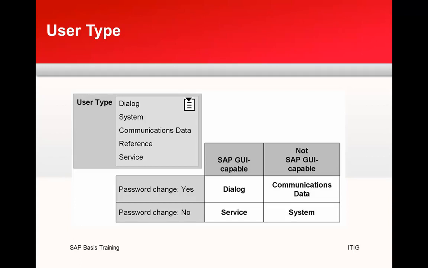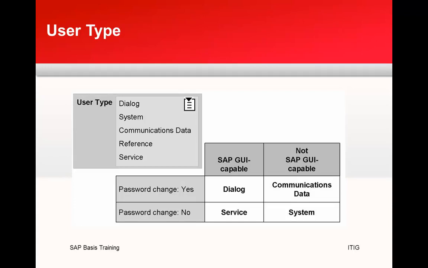Let's see the next user, which is the system user. A system user is dialog free, used for communication within a system or for background processing within a system, or also for RFC users for various applications like ALE, workflow, transport management system, central user administration.